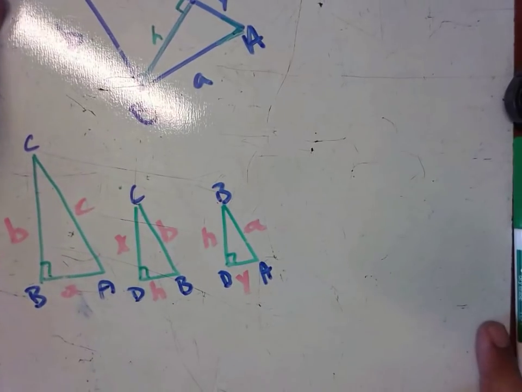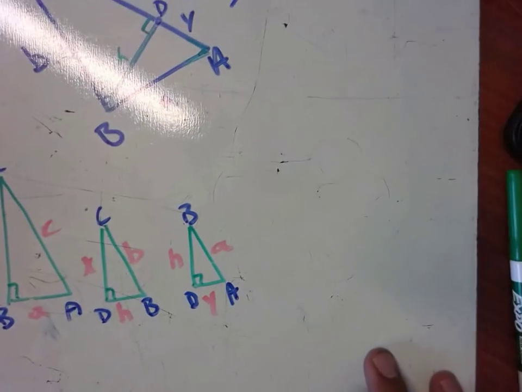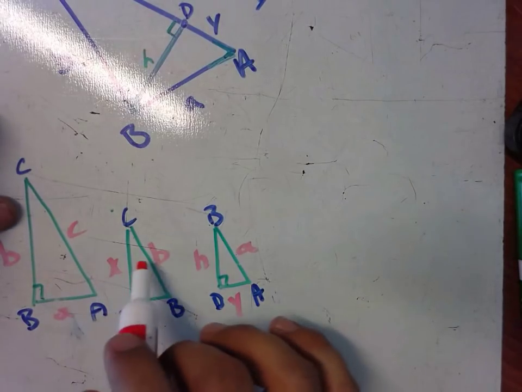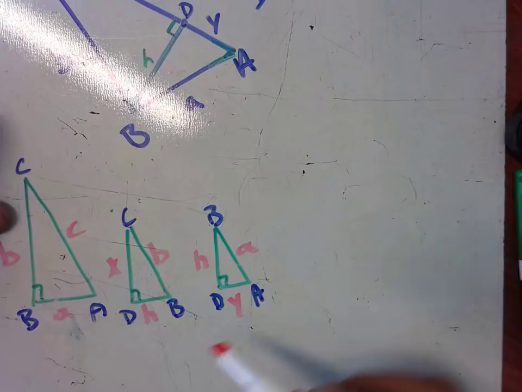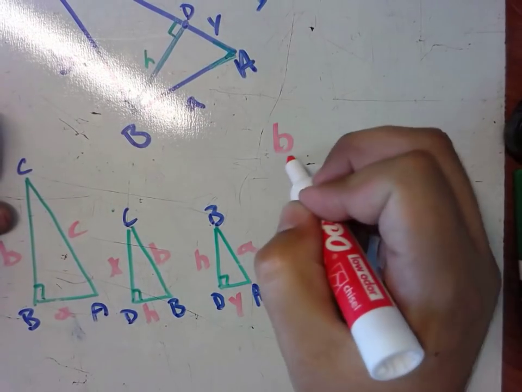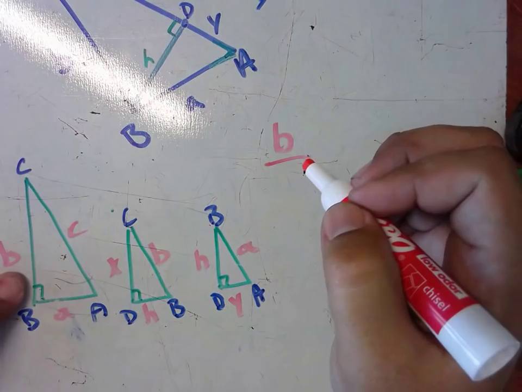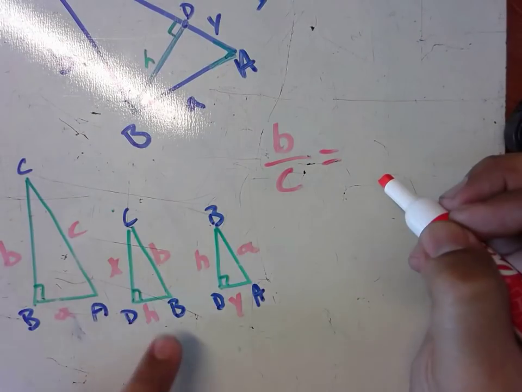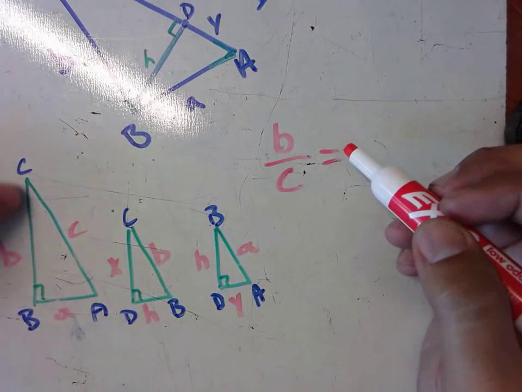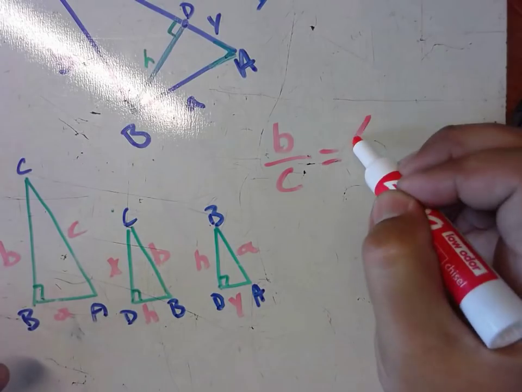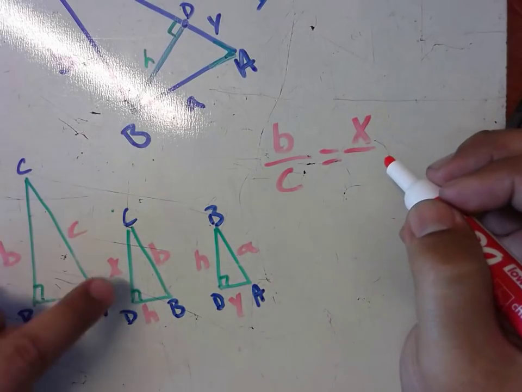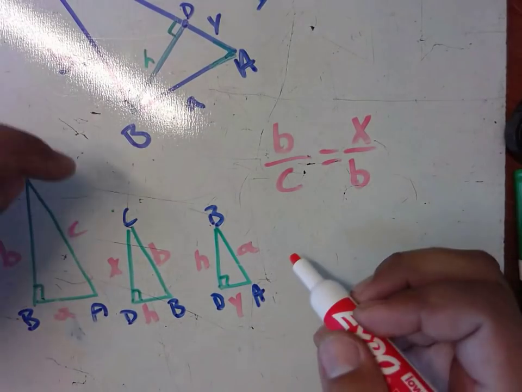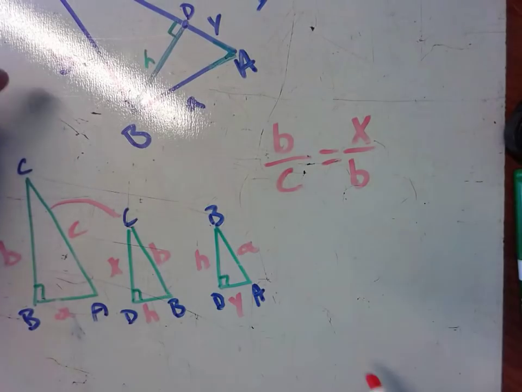So here goes. Setting up my ratios of sides, I have within these first two triangles, the only thing they have in common is the B's. So you have B, this B over C equals, corresponding to BC would be CD, so it would be X over, corresponding to C would be the hypotenuse, which is B. That set up the ratio of my first two triangles.